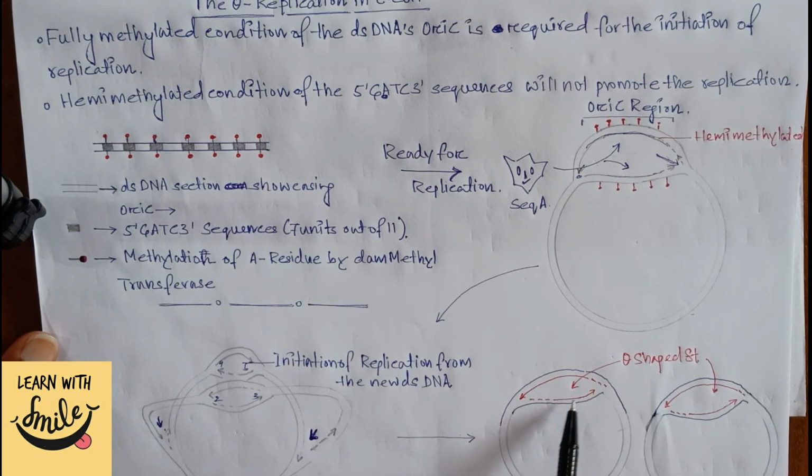Now you can see this is the half replicated DNA, that is, even before the first round of replication was completed, 50% replication of the newly synthesized DNA was already completed. And therefore, when the circular DNAs are separated from each other by the action of topoisomerase 4, we get the two new daughter chromosomal DNA in this particular shape, which acquires a theta shape, and therefore the mode of replication where the chromosome acquires a theta shape is known as theta replication.